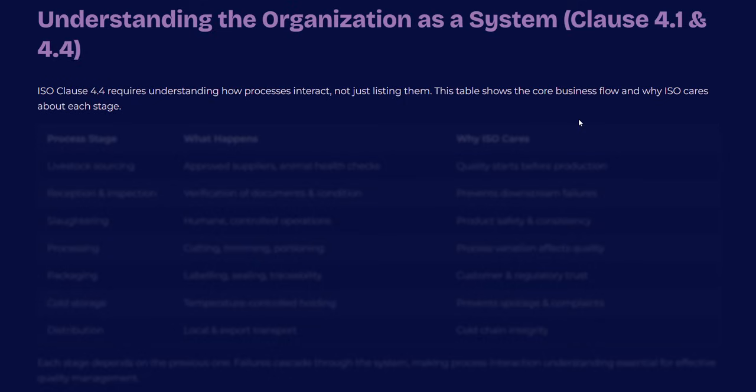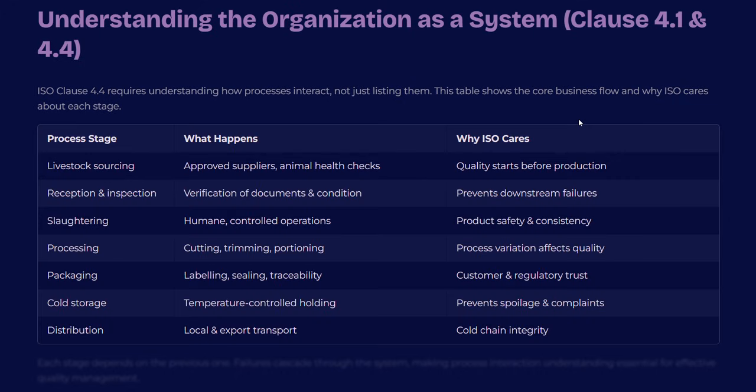The table here we are going to show is the core business flow and why ISO cares about each stage. Process stage of livestock sourcing. What happens? Approved suppliers, animal health check. Why does ISO care here? Quality starts before production. Reception and inspection.